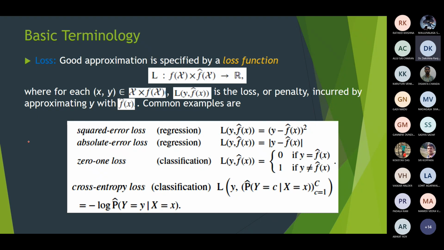If the approximation is found to be excellent or very good, then the difference between the actual function f and the approximation function will be very small.